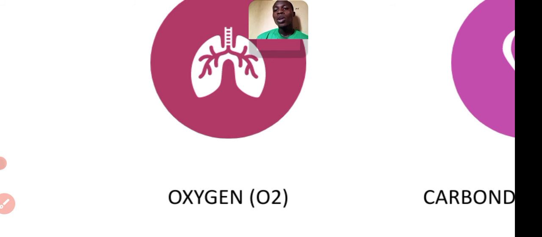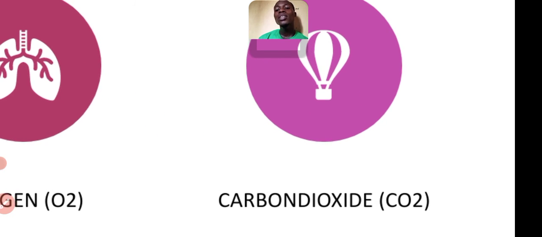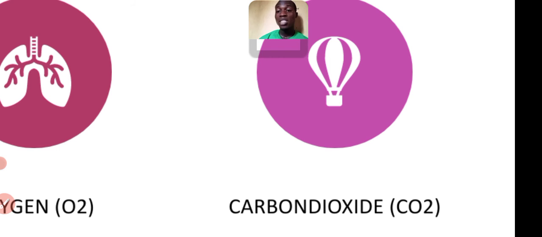Also, our blood contains many gases. After cellular respiration or metabolism, those gases that are not useful must be excreted out of our body. So this is where our blood has to remove carbon dioxide, CO2, in the form of bicarbonate.